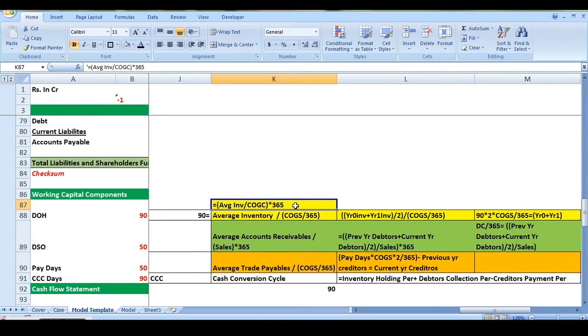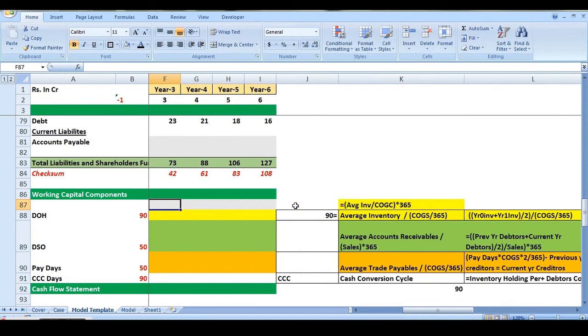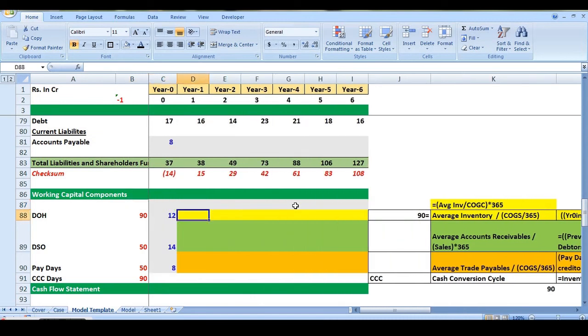Now, using this formula, we will calculate year 1 inventory, for which we derived the formula: year 1 inventory is equal to inventory holding period, which is 90, multiplied by 2 multiplied by cost of goods sold.